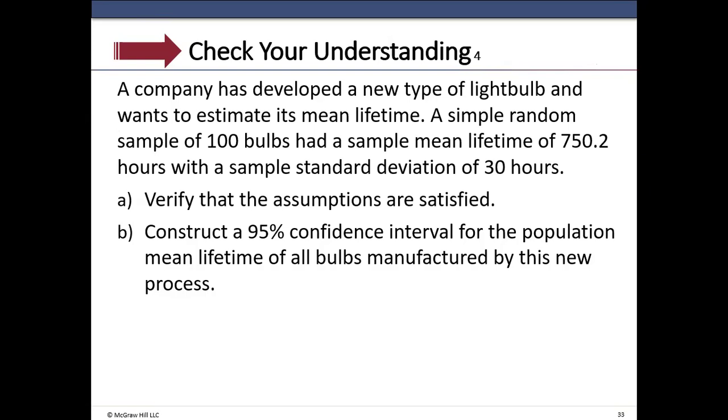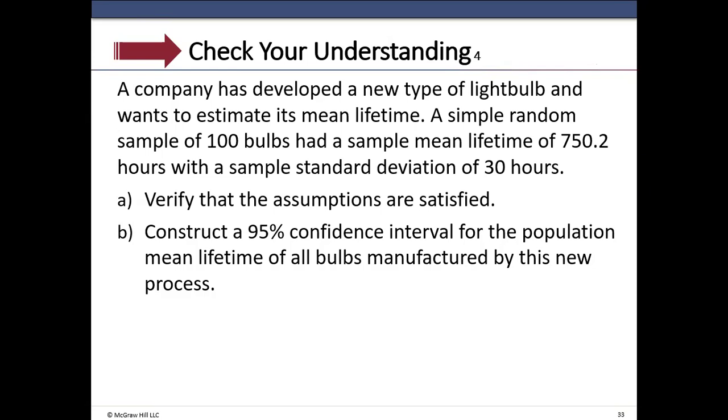Now we have to construct a 95% confidence interval for the population mean lifetime of all bulbs manufactured by this new process. So stat, test, and we go down to T interval since we do not know the population standard deviation. Input on stats, sample mean is 750.2.